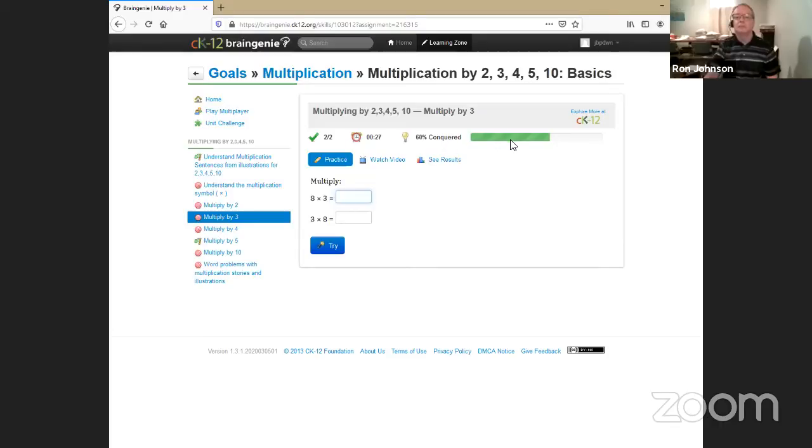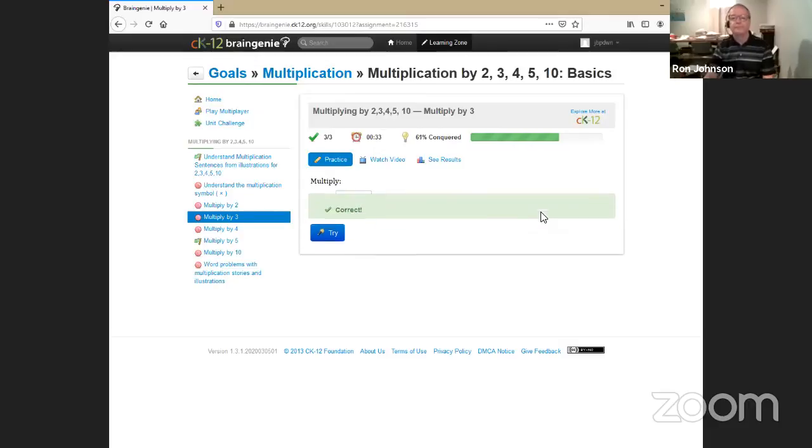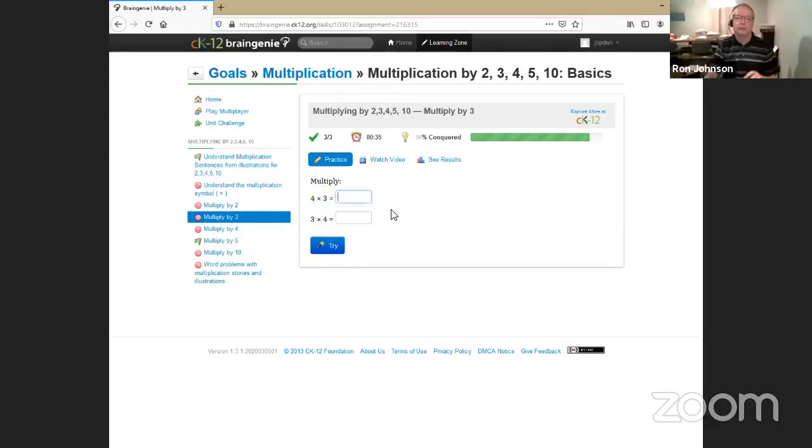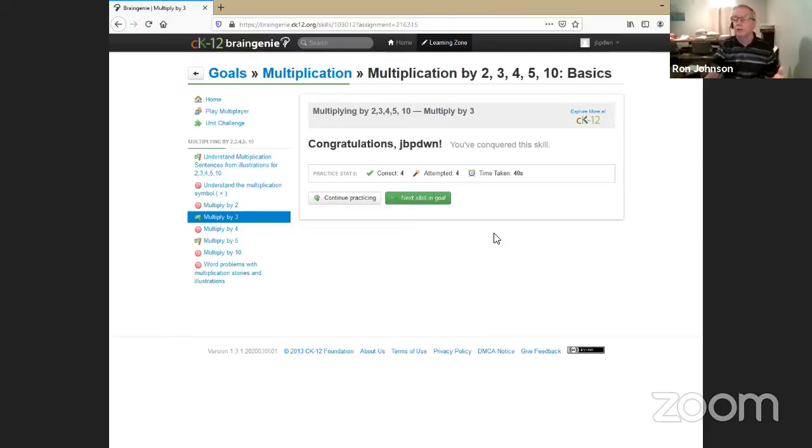So 60% conquered. There's not a lot of questions on this one. Some of them have more, but this is fairly low level, 3 times tables. So we'll just answer these correctly. If you answered incorrectly, it would happen as I did on the other screen, and it would show you their results, which basically shows you where you went wrong.